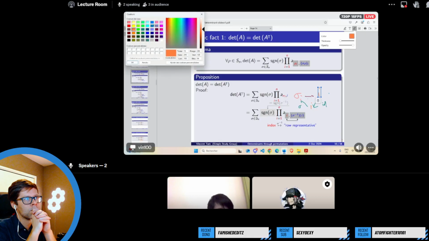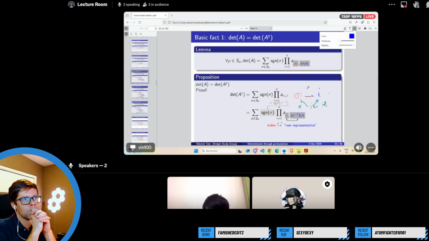This should be blue. Anyways, I hope you get the idea. So here you have sigma I, we reverse this sigma so as to get to the column index.